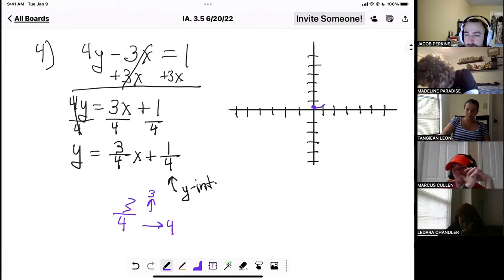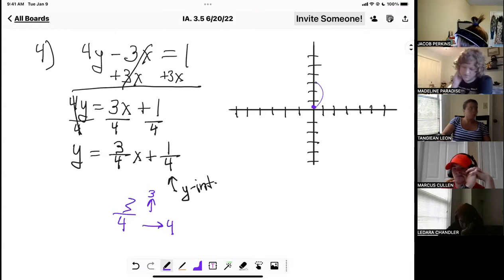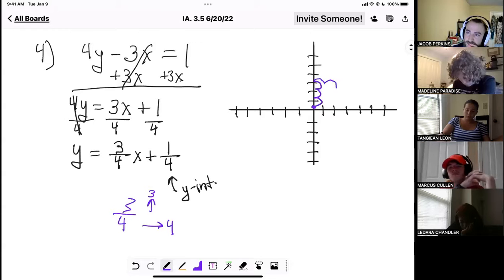It means you're going from the 1/4, 1, to the next 1/4, 2, to the next 1/4, 3. Okay, so 1, 2, 3, that's where I'm going to go. And then I'm going to go over 4, 1, 2, 3, 4.